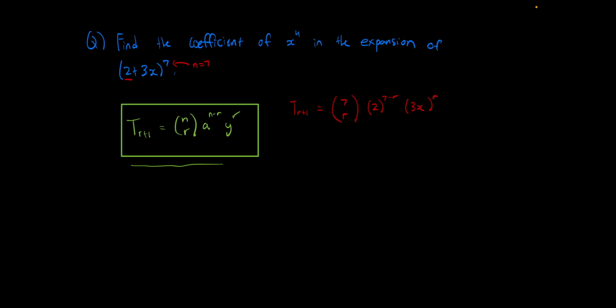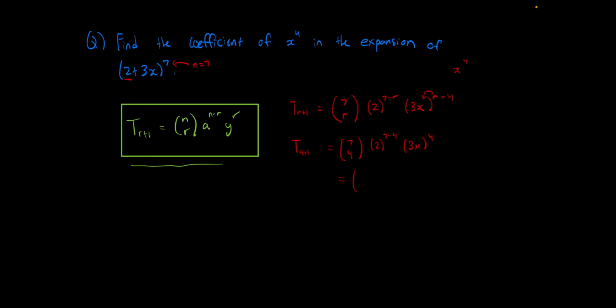And if we're interested in finding the coefficient of x to the 4, all we have to do is say, okay, that means this r must be 4, because we want to get the x to the 4. And that's how you should be getting the value of r every single time. That is probably the simplest way to do so. So we know that r has to be equal to 4. And this becomes 7 choose 4, 2 to the 7 minus 4, and (3x) to the 4.